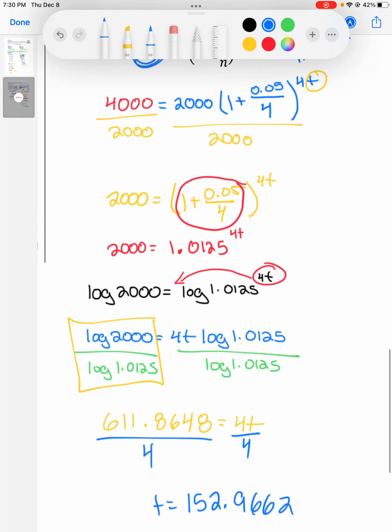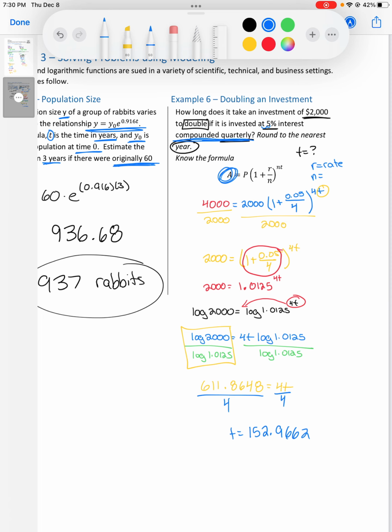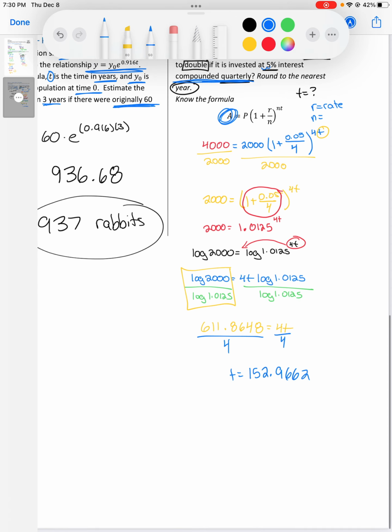152.9662. The only thing is, if we look up here, it says round to the nearest year. So, let's see. Did I put the numbers in wrong?